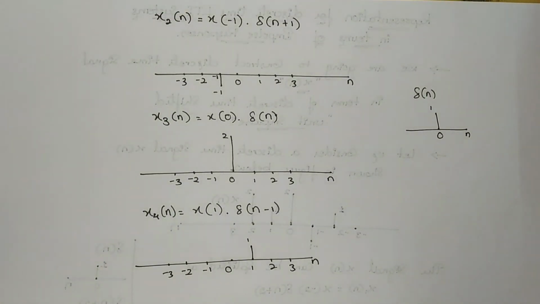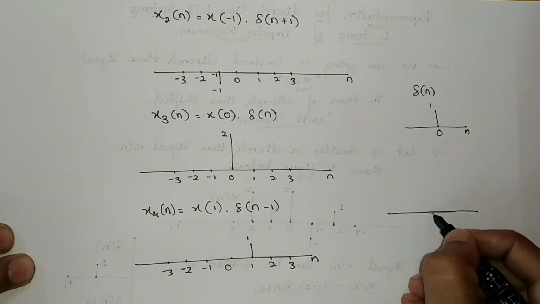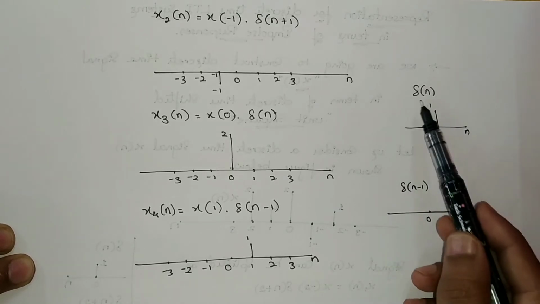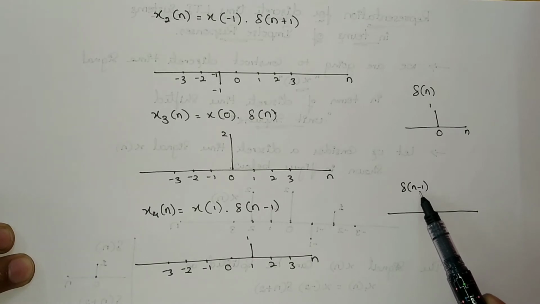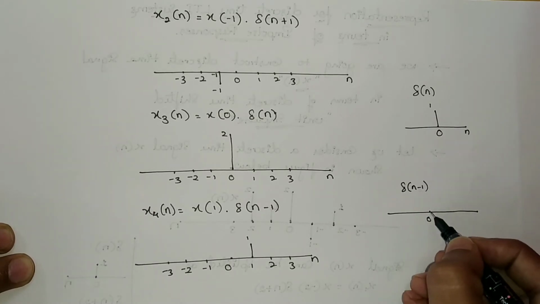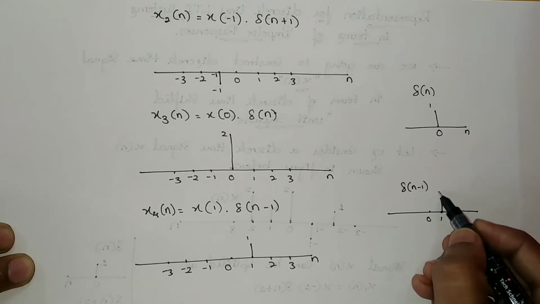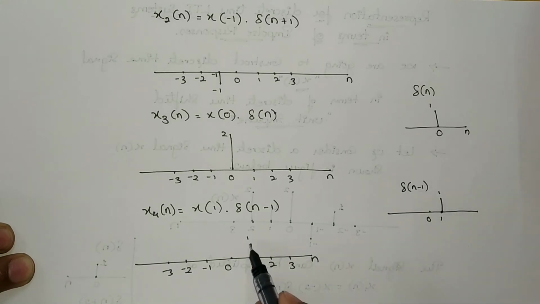This is the signal. And delta of n minus 1 can be represented as follows: for delta of n, amplitude is 1 at 0. Since it is delta of n minus 1, the signal is delayed by 1 unit. It has to start at 0 and is delayed by 1 unit, so it starts at 1. At 1, delta of n minus 1 is 1. 1 into 1 is 1 we got.